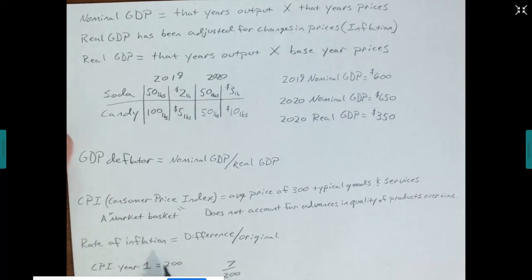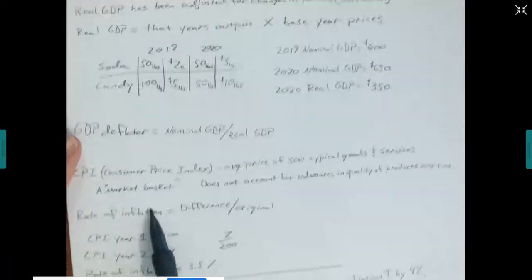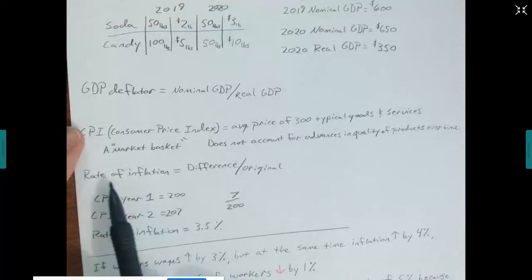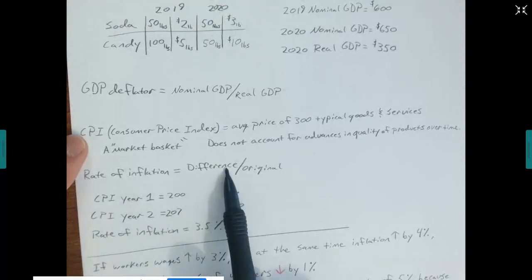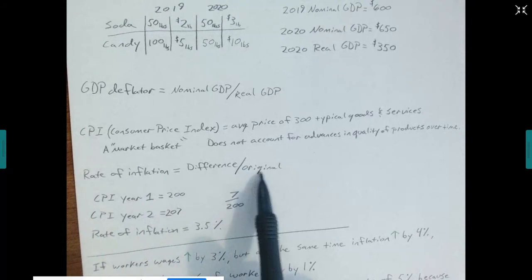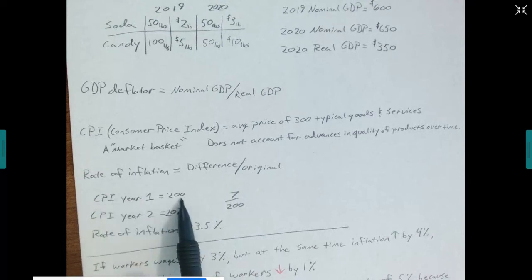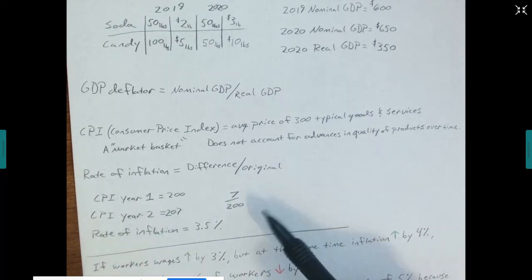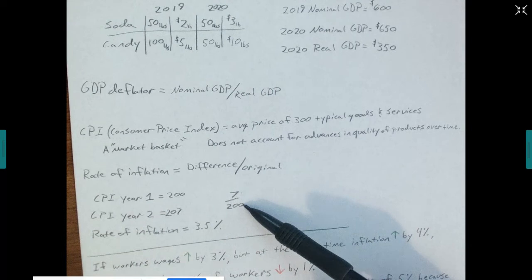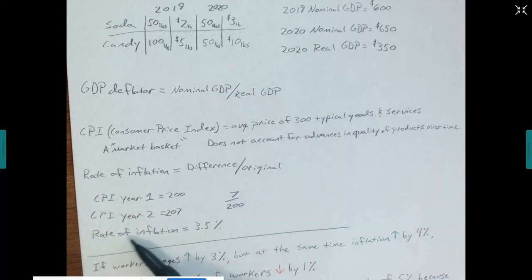In order to track the rate of inflation, the formula is used as the difference between the two items over the original. If in year one the CPI was equal to 200, and in year two the CPI equaled 207, the difference of 7 divided by the original of 200 would get you a rate of inflation of 3.5%.